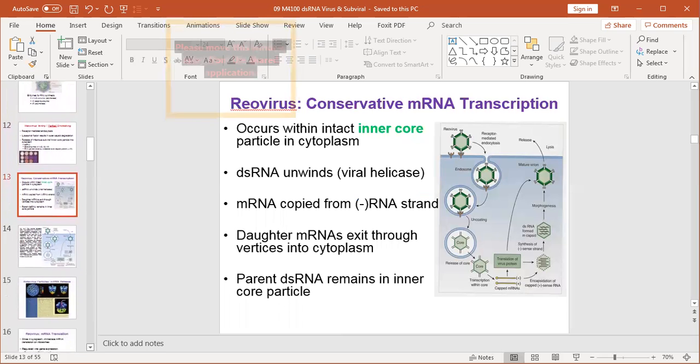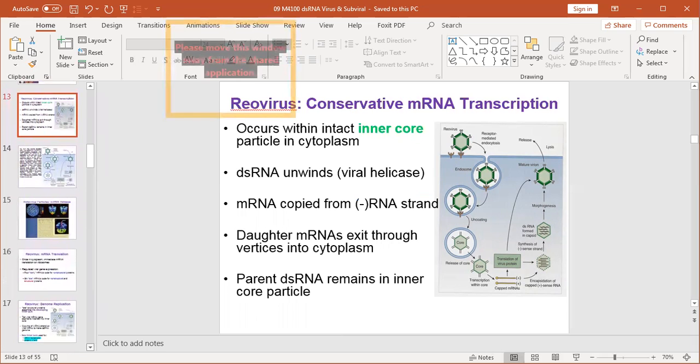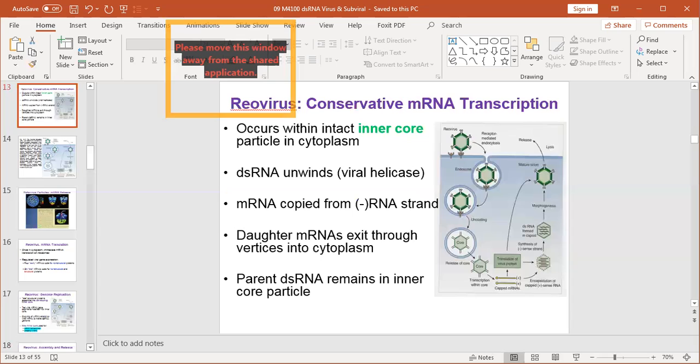Slide number 13 talks about conservative mRNA transcription. Basically, what will happen is as depicted in the slide.